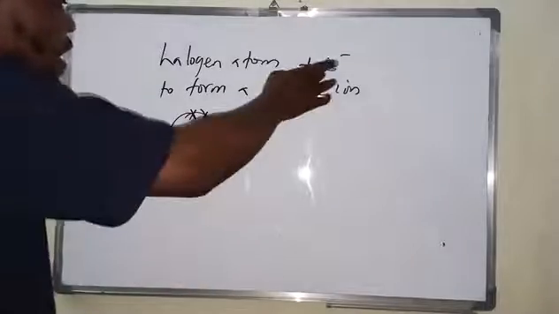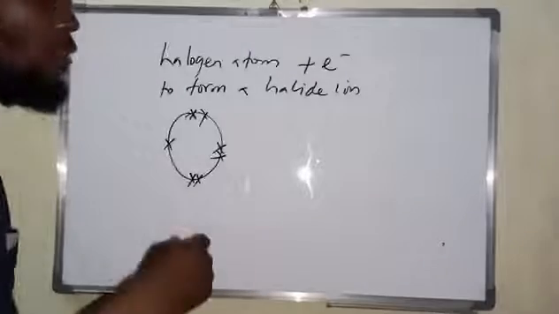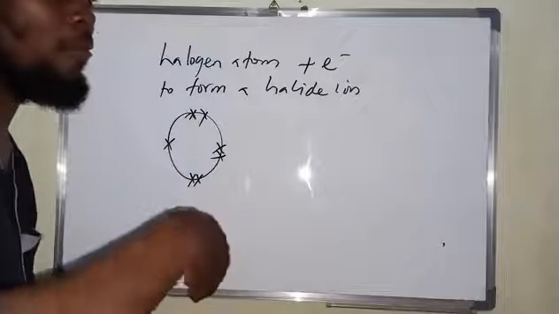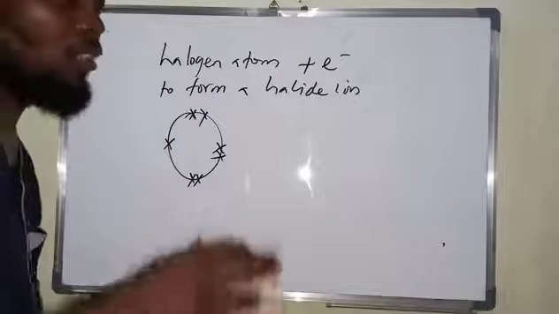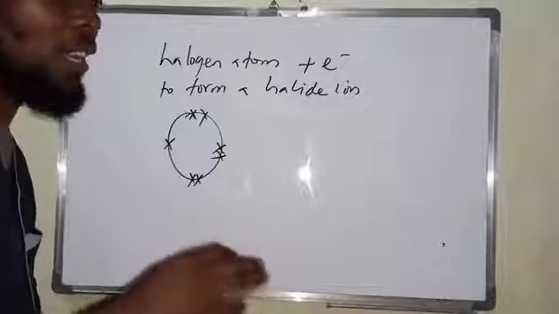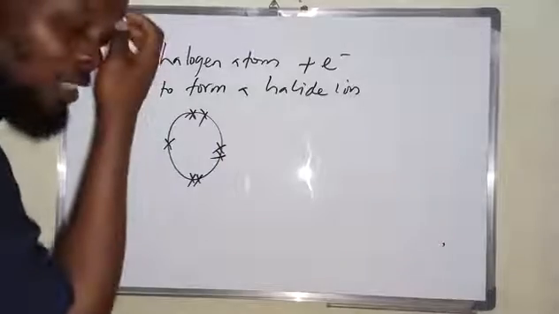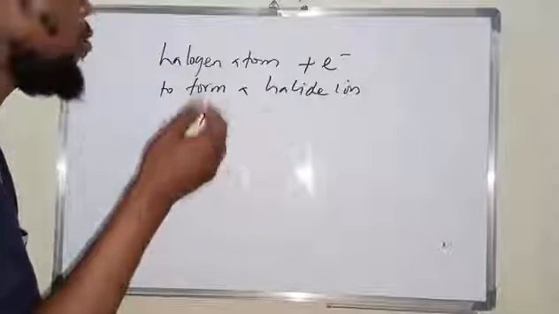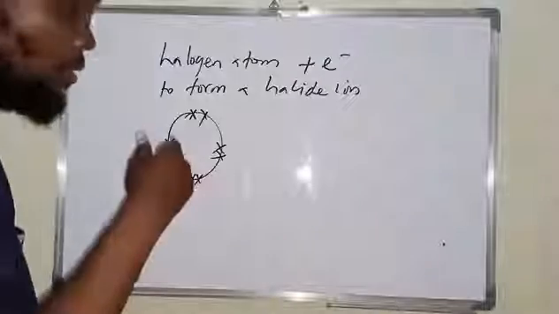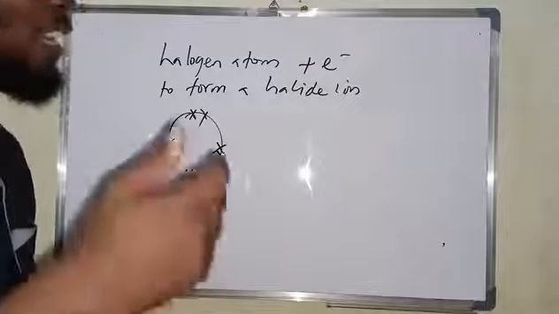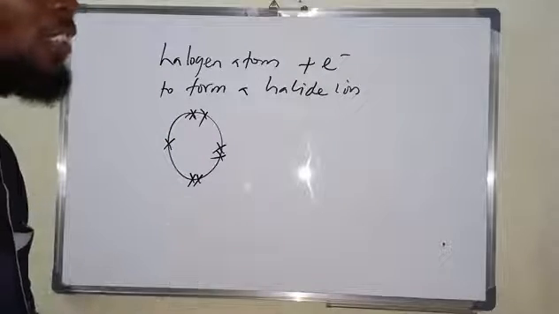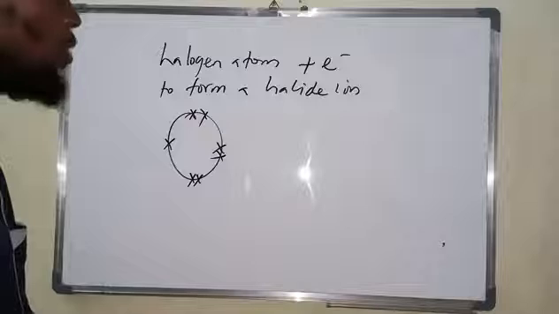If an electron is added or removed, the atom becomes charged. It was neutral before the addition or removal of an electron, but once an electron is added or removed, it becomes charged. If an electron is added, it becomes negatively charged. If it is removed, it becomes positively charged.